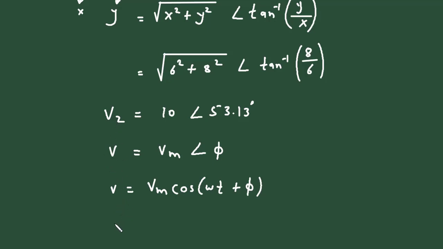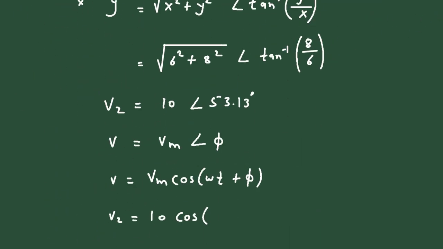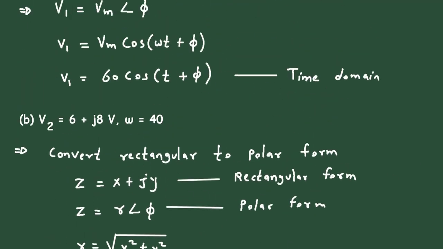So therefore small v2 is equal to, Vm value is 10, cos, omega value is, here we can see the value of omega is given, it is 40. So 40t plus phi. So this is the phi, means the value of phi is 53.13 degree.